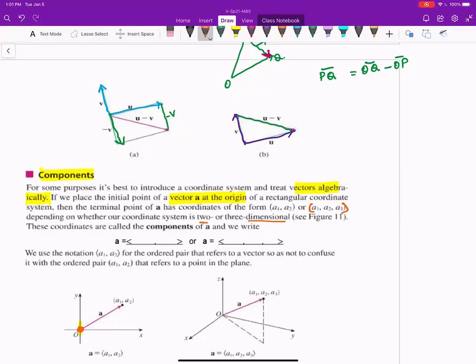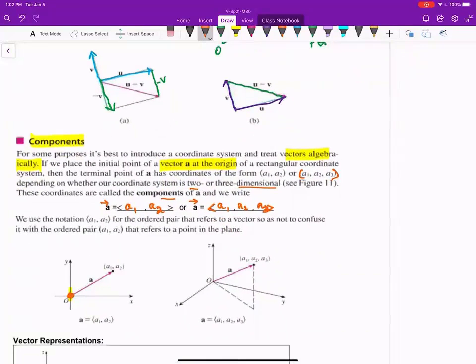An ordered triple, x, y, z, would be a point in space. These coordinates are called components of A, and we write A with an angle bracket, A1, A2, A3. If we write like this within the angle bracket, it is a representation of the vector in component form.